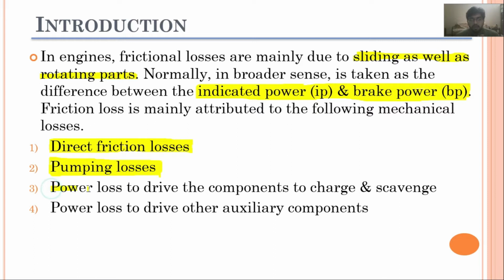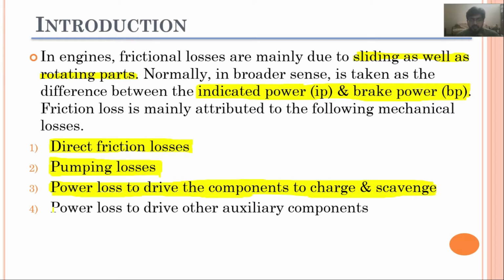Then we have a power loss to drive the components to charge and scavenge. This is basically talking about superchargers and turbochargers, which we have to drive to take the charge into the combustion chamber, and which also perform the phenomenon of scavenging.